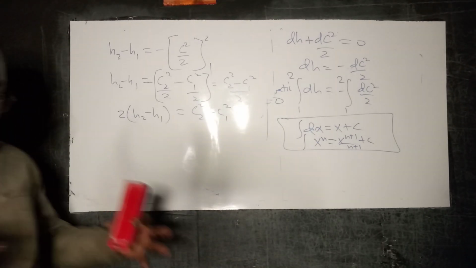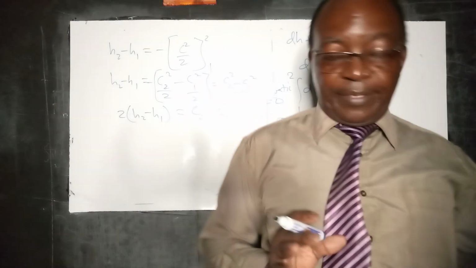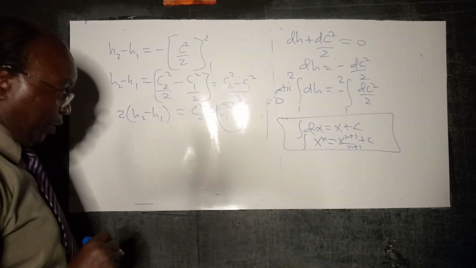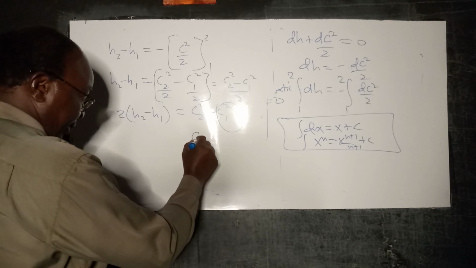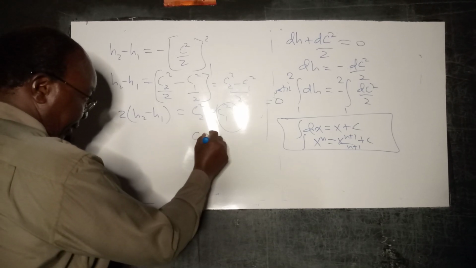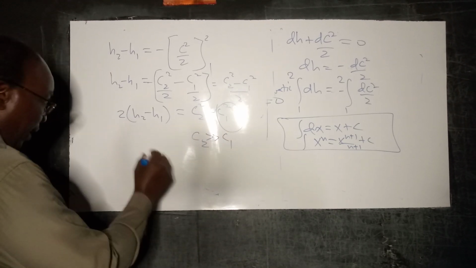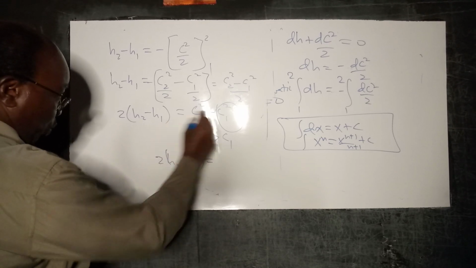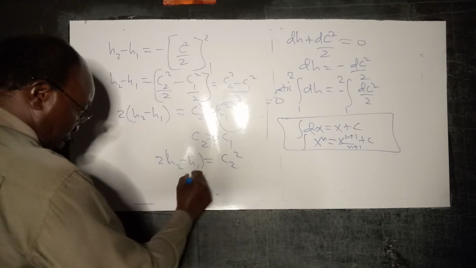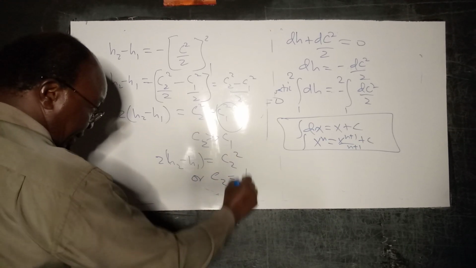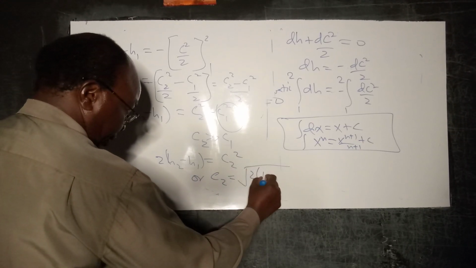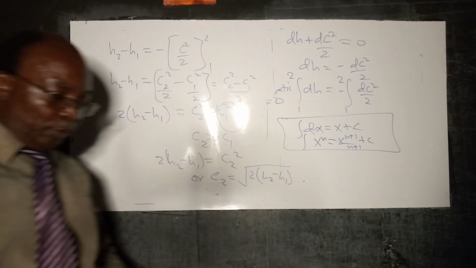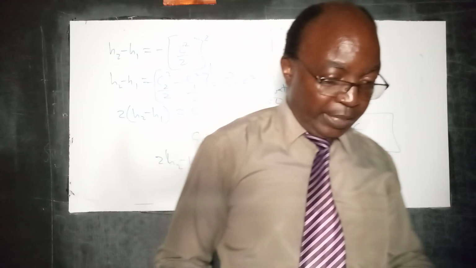But you know, the nozzle is an enhancement of the velocity. So we can assume, without too much error, that C2 is much, much greater than C1. So that we have then 2 (H2 minus H1) equal to C2 squared, or C2 is basically the square root of 2 (H1 minus H2). Those are assumptions you have taken, put in place.